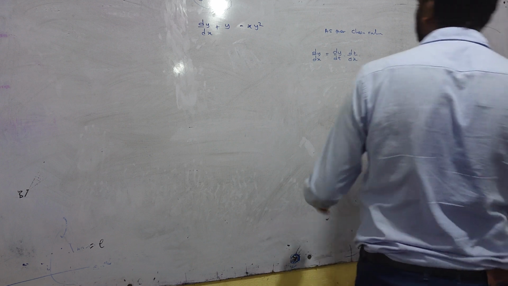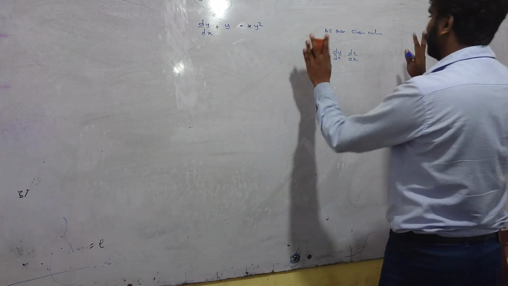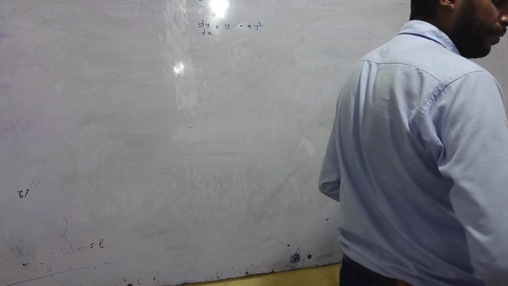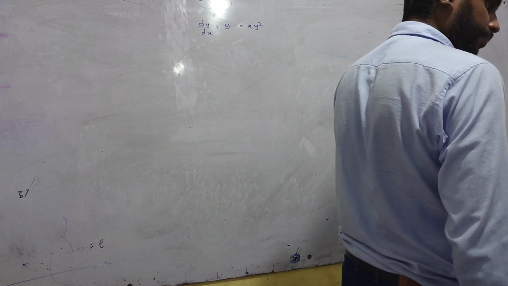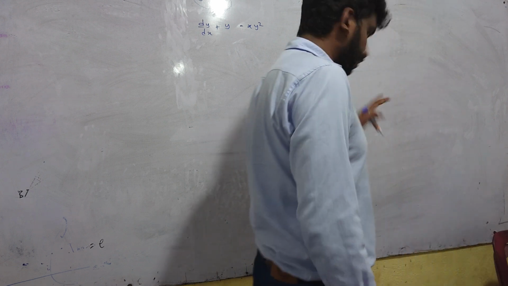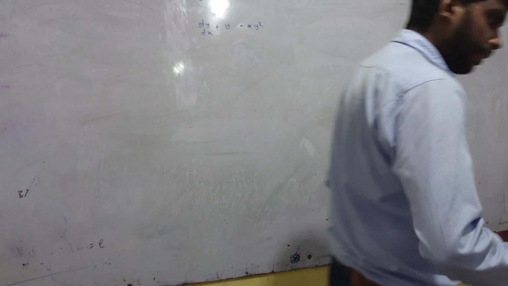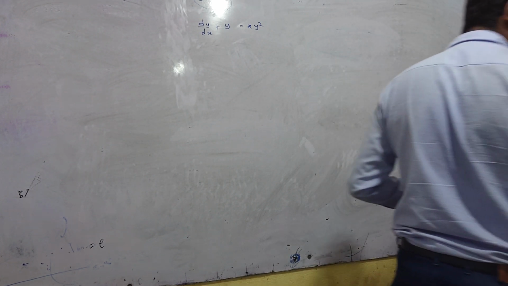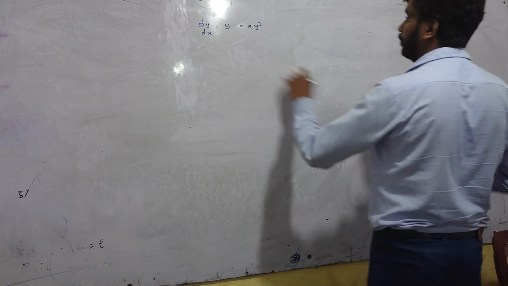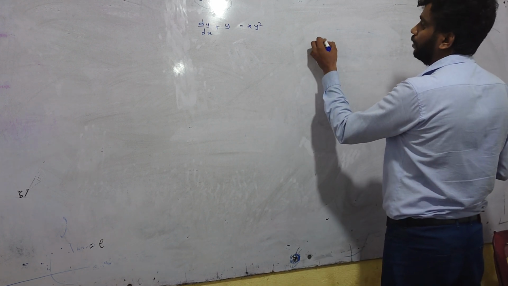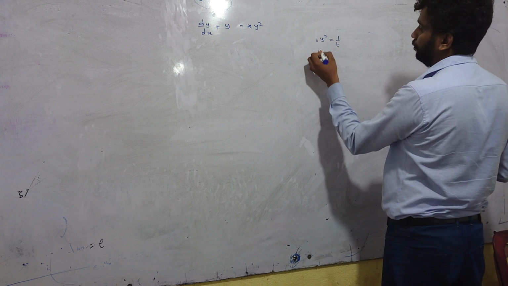So the differentiation is minus 2, correctly. So I of x exists, e to the power minus 2x.